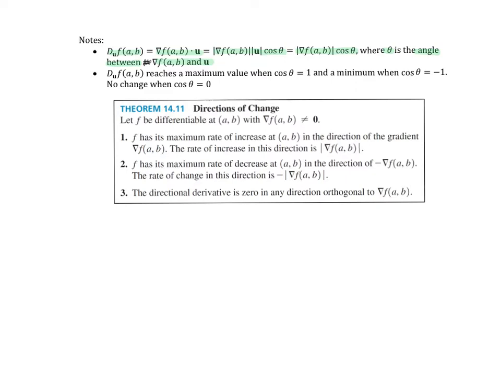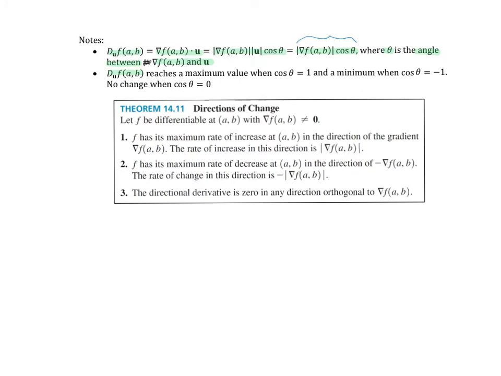The important thing about this is it gives us where our derivative reaches a maximum and a minimum. When you look at the directional derivative, and here we're going to refer back to this final expression, the magnitude of our gradient vector is never going to be negative.